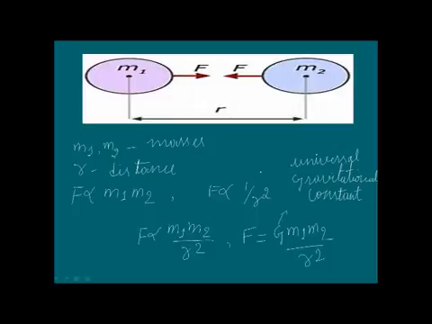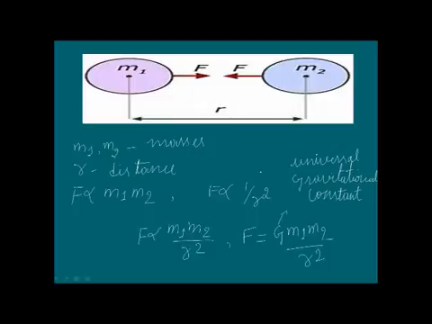If you go to any part of the universe, not only the world, any part of the universe, this gravitational law holds good. Okay, this gravitational law exists in all parts. Every object in any part of the universe attracts another object in the universe.